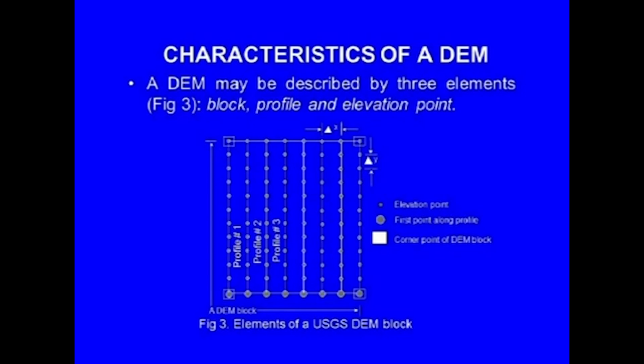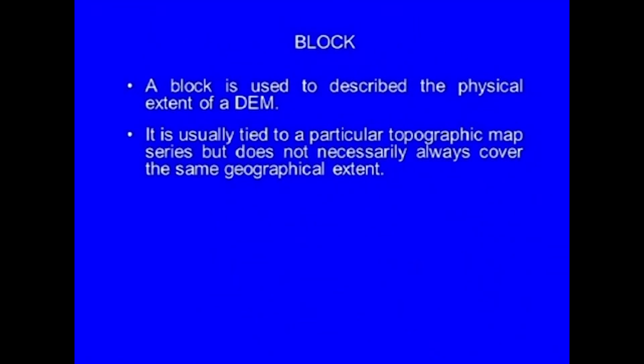In this, we have three elements. One is the block, the second is profile and the third is elevation. So, a block is used to describe the physical extent of a DEM. It is usually tied to a particular topographic map series, but does not necessarily always cover the same geographical extent.